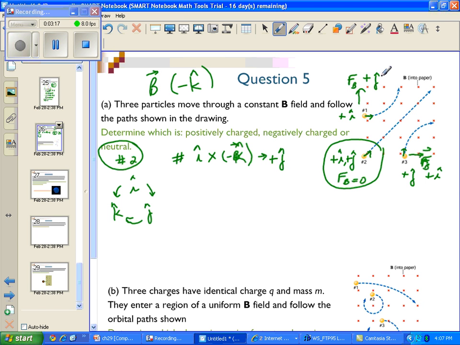Sure enough, FB is in the positive j hat direction, which means that number 1 is positively charged.